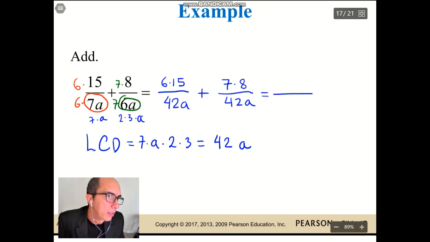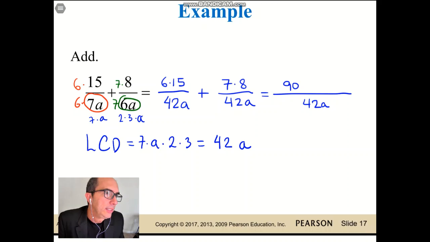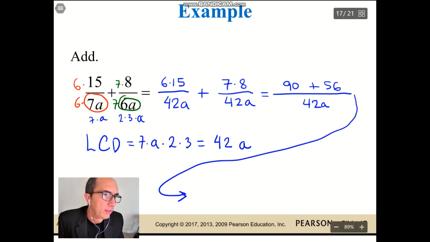Now we can write everything here with just one denominator, 42a. 6 times 15 is 90. 7 times 8 is 56. And the result here is going to be 146 over 42a.